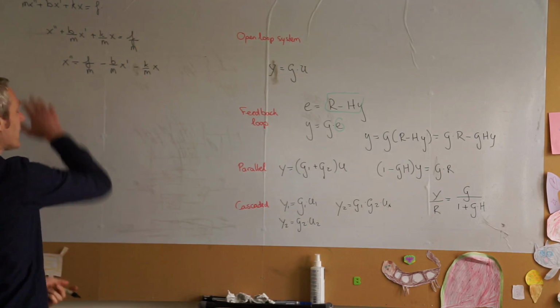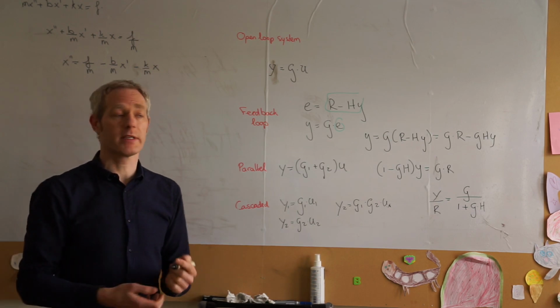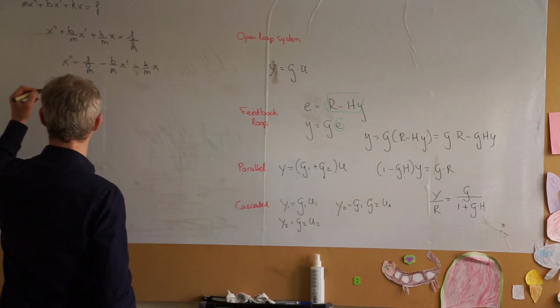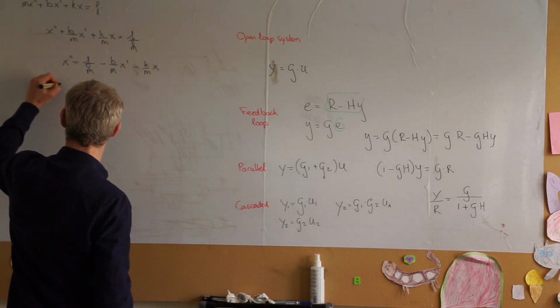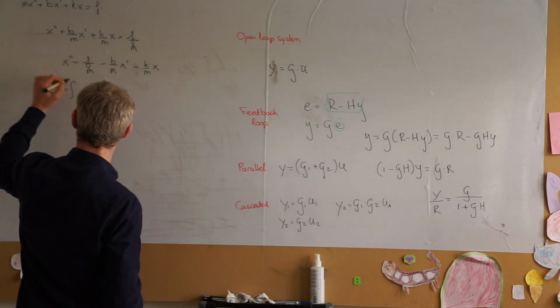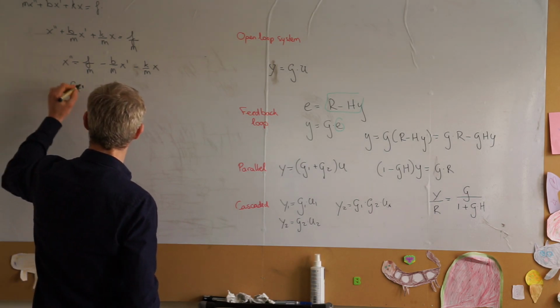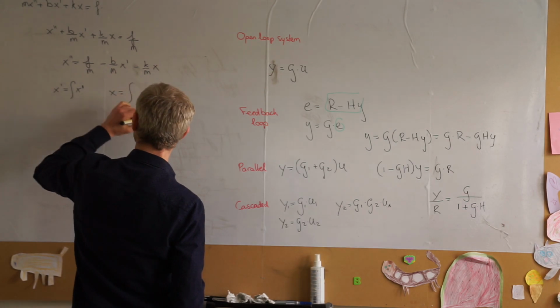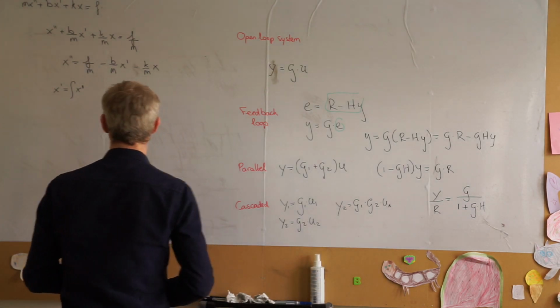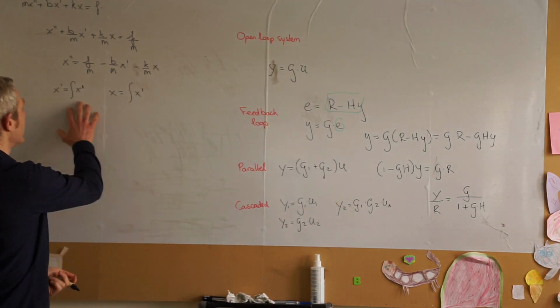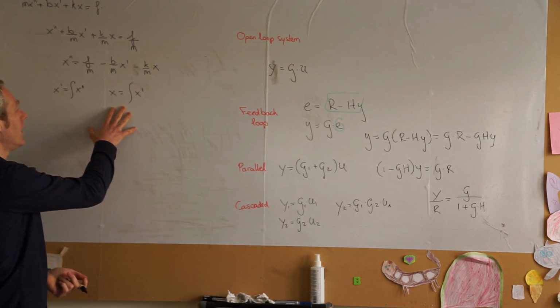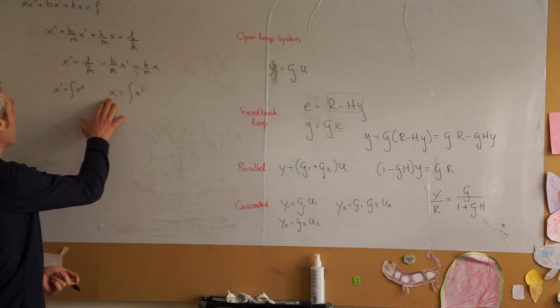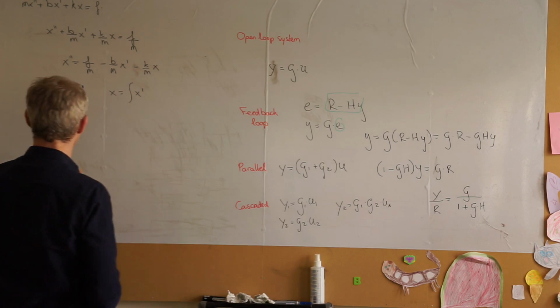So now I have the second derivative of x, which is nice, but I wanted x. I do know that x prime is the integral of x double prime, and x is the integral of x prime. So these are the steps I can take to reach x from x double prime.